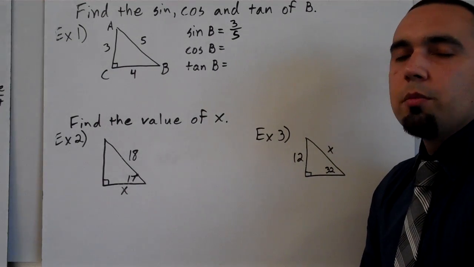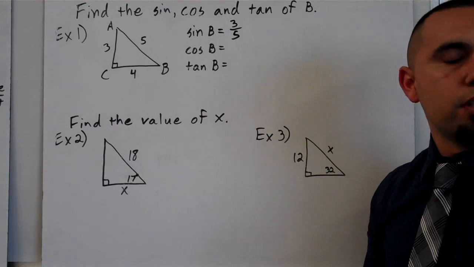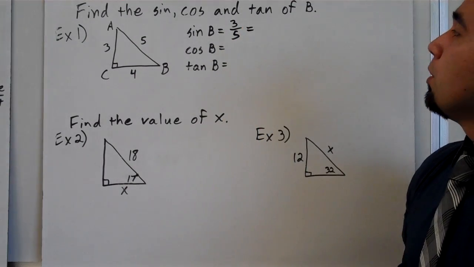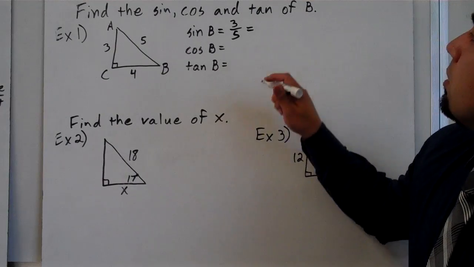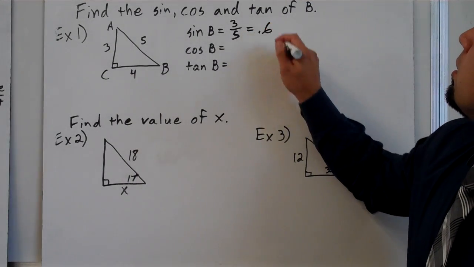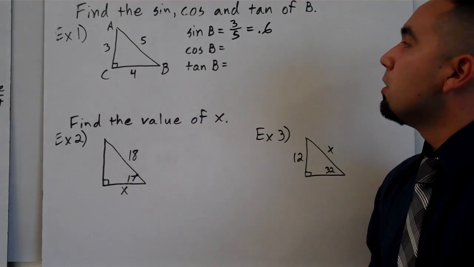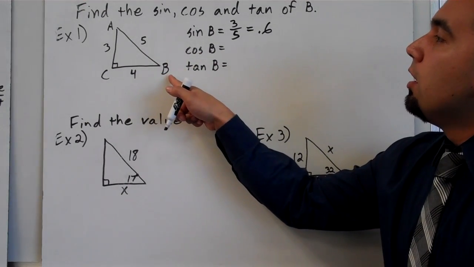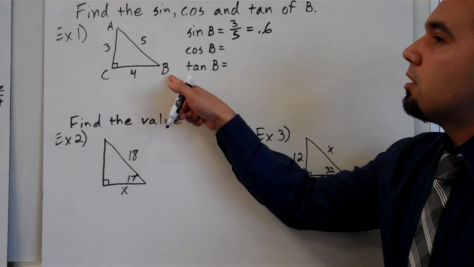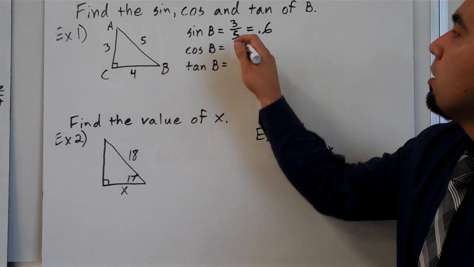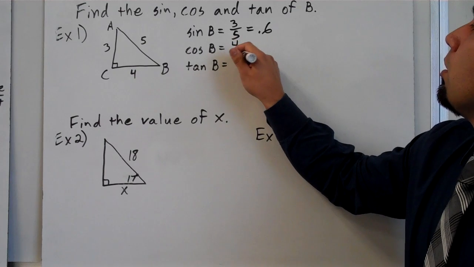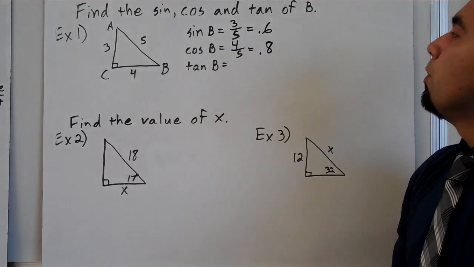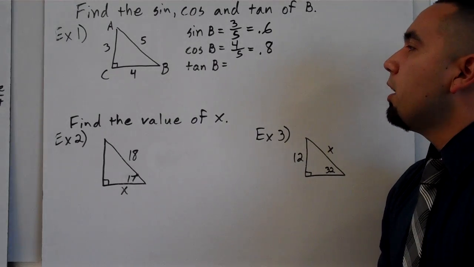And of course, you're always going to be wanting to find the decimal equivalents of these. So 3/5, well, each fifth is worth 0.2, so that would be 0.6. Cosine of B, and again, here I am at B. Cosine is CAH, that's adjacent over hypotenuse, so I have 4 over 5, and that's going to be equal to 0.2 more than 0.6, so 0.8.